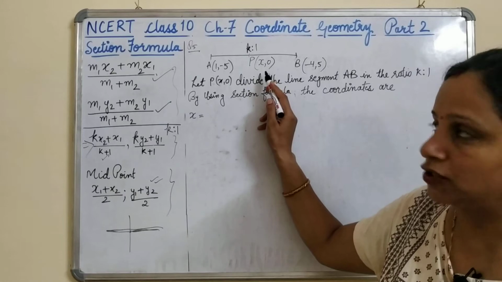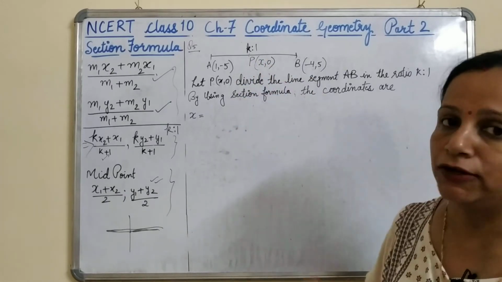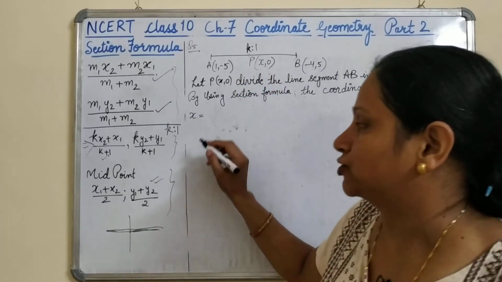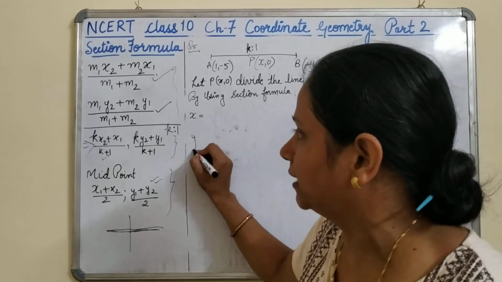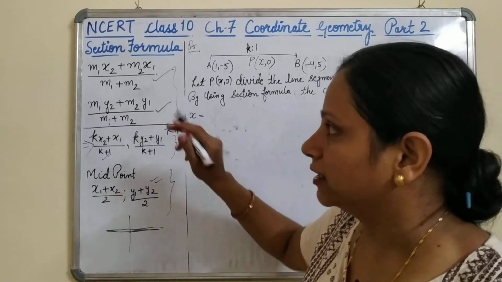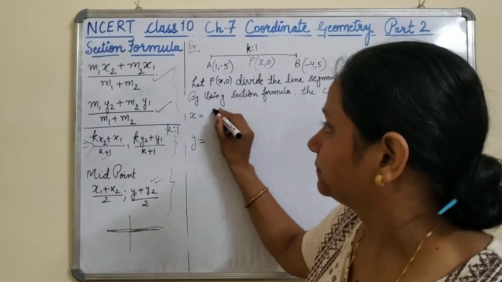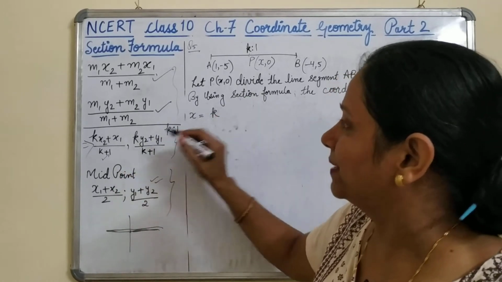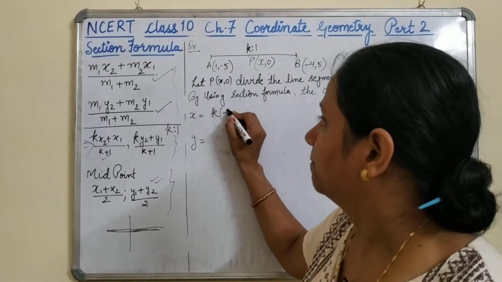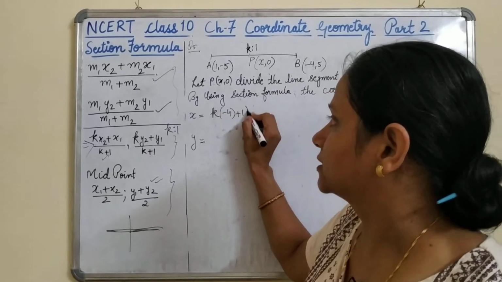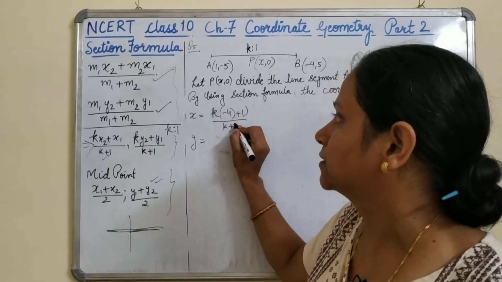Coordinates are given as (x, 0). We will get the value of x as well as the value of k. So just apply the section formula to get the x coordinate and the y coordinate. For the x coordinate, for m1 being k, we apply the second formula: k times x2 plus x1. What is x2? Minus 4, plus x1, upon k plus 1.